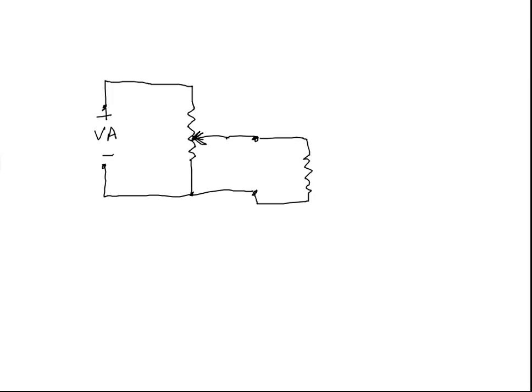There's voltage A. Feeding the load will be voltage B, depending on the tap of your potentiometer. In the most classic of anybody in my age group, that's going to be the line going out to the speaker so you can control the volume.